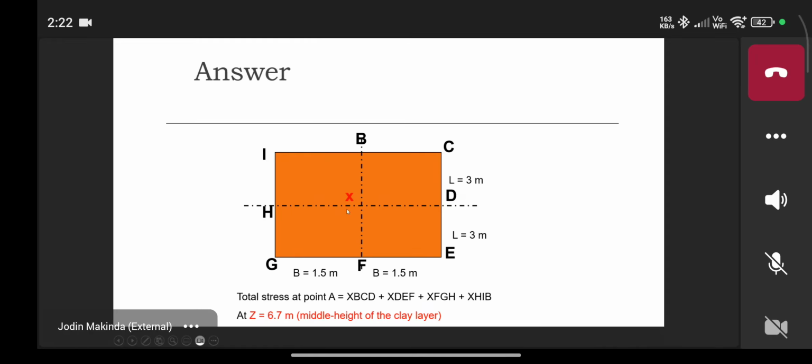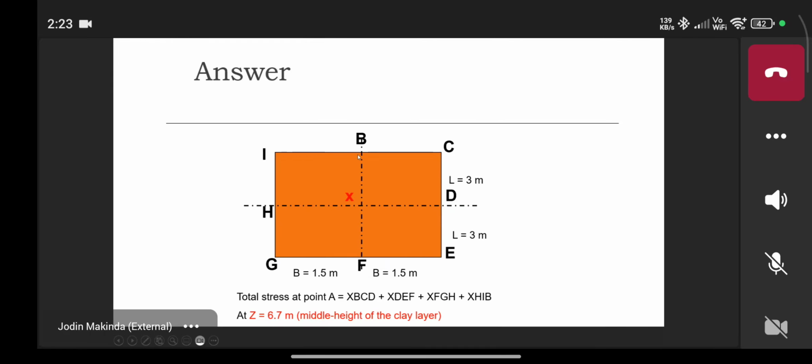So you divide that into 4 mini squares. Why do we divide into 4 mini squares? Because we want to determine the stress at the center. Why at the center? Because the center is where the focus of the load is increasing.